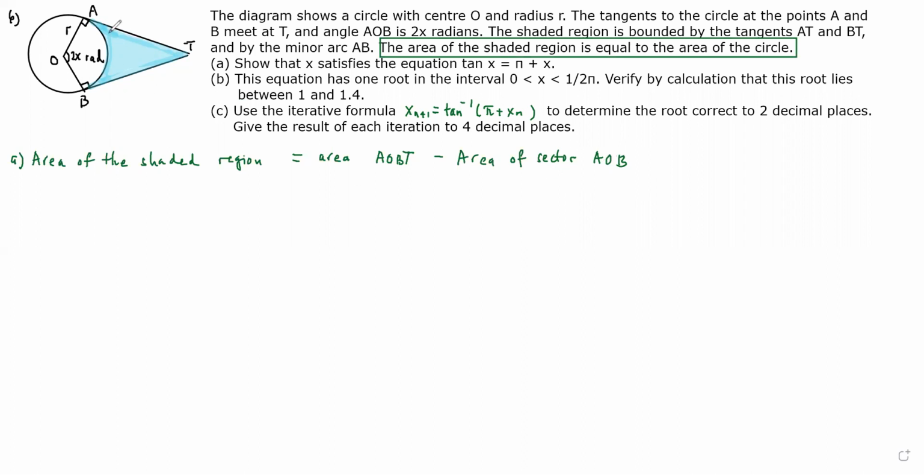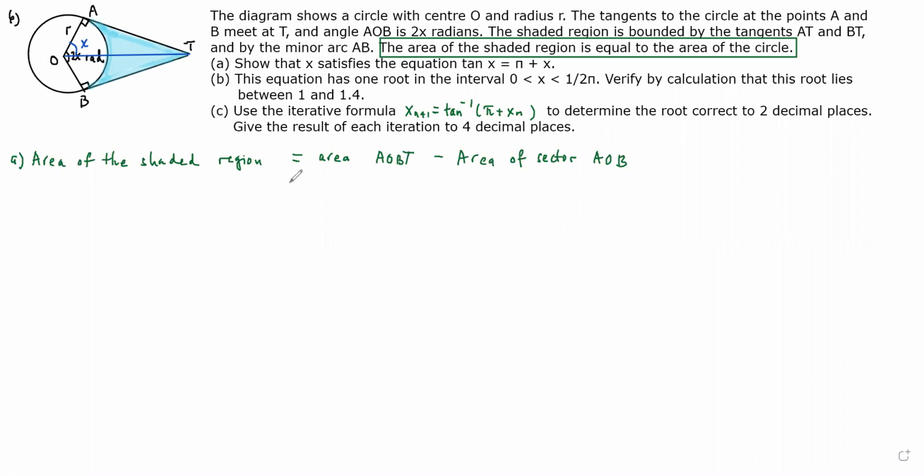Now let's look at AOBT. You can actually divide this area into two right angle triangles. When we divide this, the entire angle AOB is 2x, then AOT is just angle x.